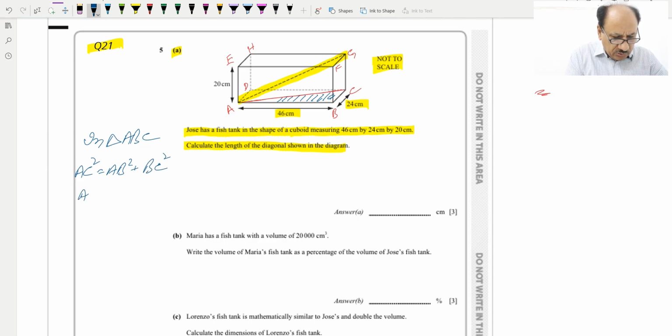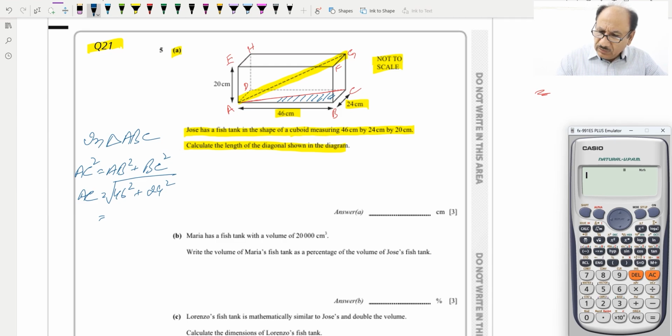Hopefully you are getting it. So AC will be equal to the square root of 46 square plus 24 square, and this is giving us 2 square root of 673.